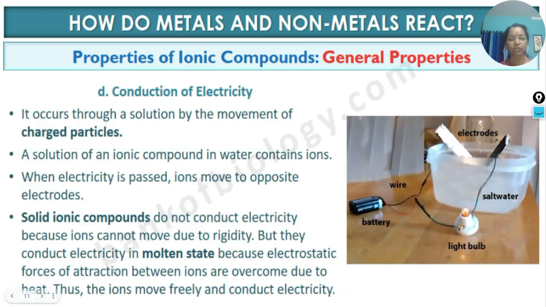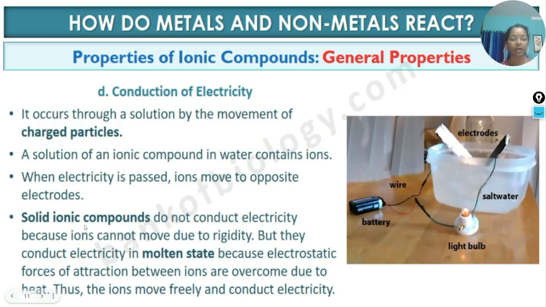Now they conduct. We saw in the previous activity, they are conducting electricity just because they have ions in them. The ions are present in their solutions as well as in their molten form. They are mobile in the molten state as well as in aqueous form.